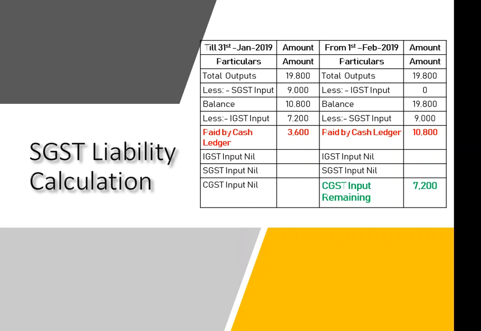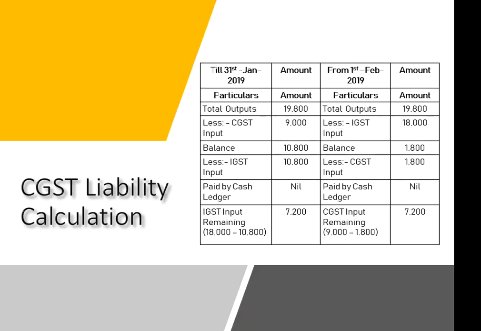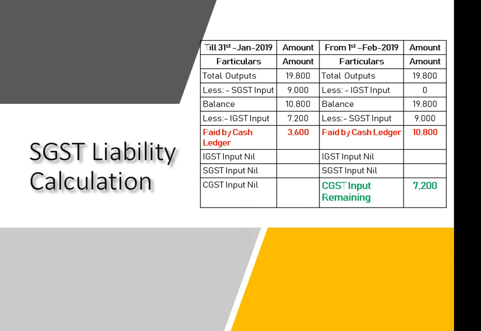Because in the last sheet, we had a balance of IGST of 7,200 only. We'll pay the 7,200 here through the IGST account, and the balance 3,600 will be through cash ledger.